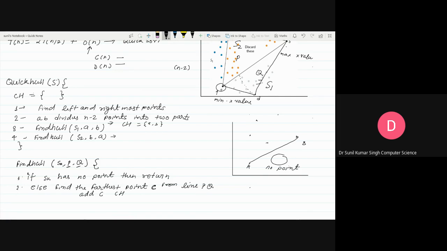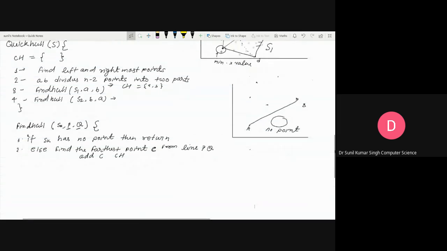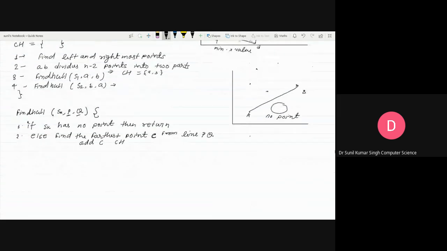So let's come down. In the third step, we will be having the 3 points P, Q, and C. Partition the remaining points into three subsets.